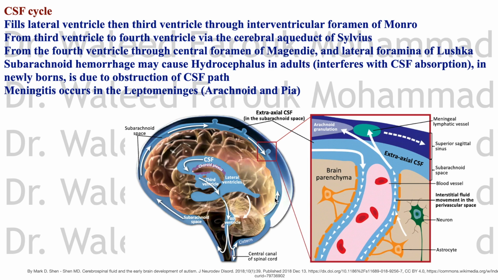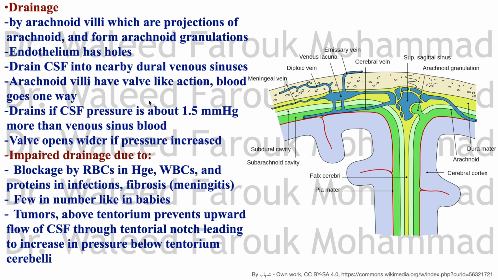Now it continues up surrounding the brain to be drained by the arachnoid granulations into the superior sagittal sinus. Drainage is by arachnoid villi, which are projections of the arachnoid membrane, as you can see here, forming what are called arachnoid granulations.